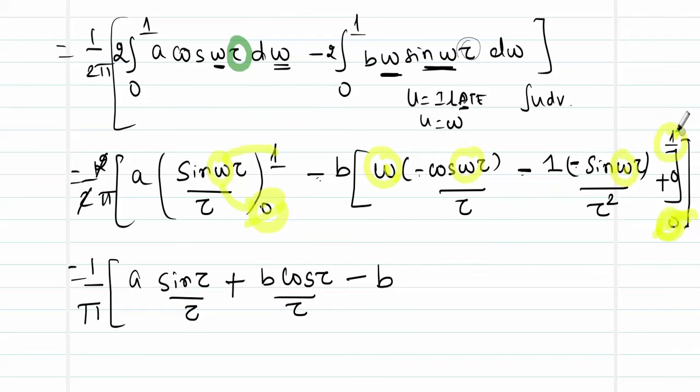Omega takes the upper limit as 1. So what I have over here is sine tau divided by tau square. So I see that no more simplification can be made at this stage. So I leave the problem as such and say that we have found out what is the requirement: the cross correlation R xy of tau.